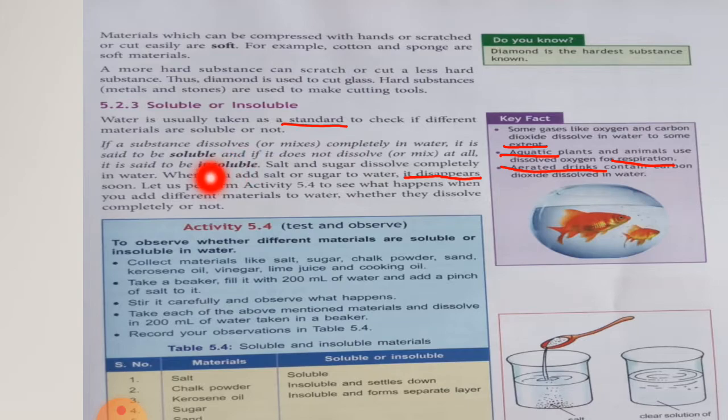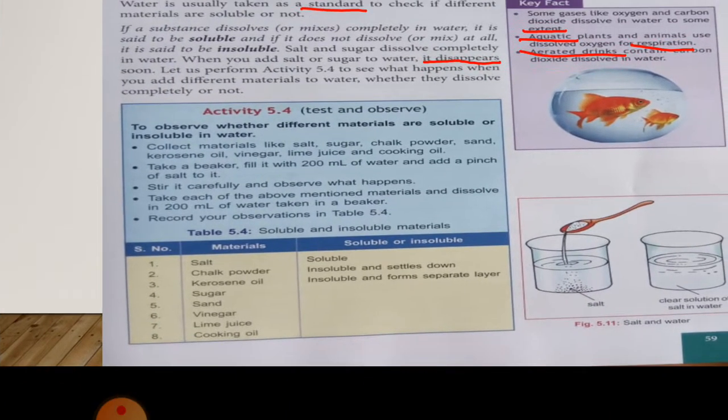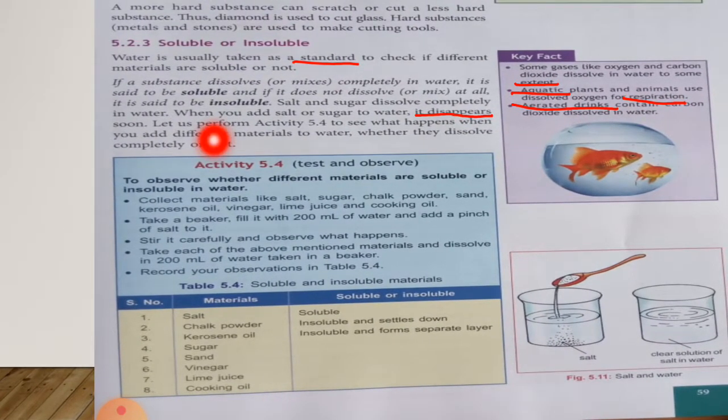Now, let us perform activity 5.4 to see what happens when you add different materials to water, whether they dissolve completely or not. Here you can see activity 5.4. To perform this activity, we have an objective to observe whether different materials are soluble or insoluble in water.